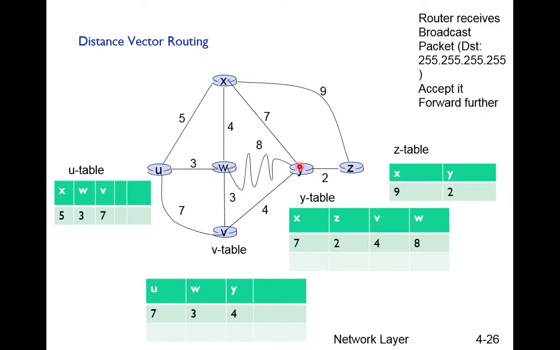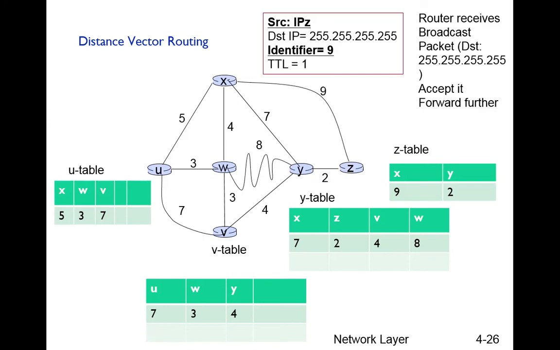We can control it by setting the TTL value in this message to 1. If the TTL value is set to 1, then we can control this broadcasting so that it will not be forwarded further.